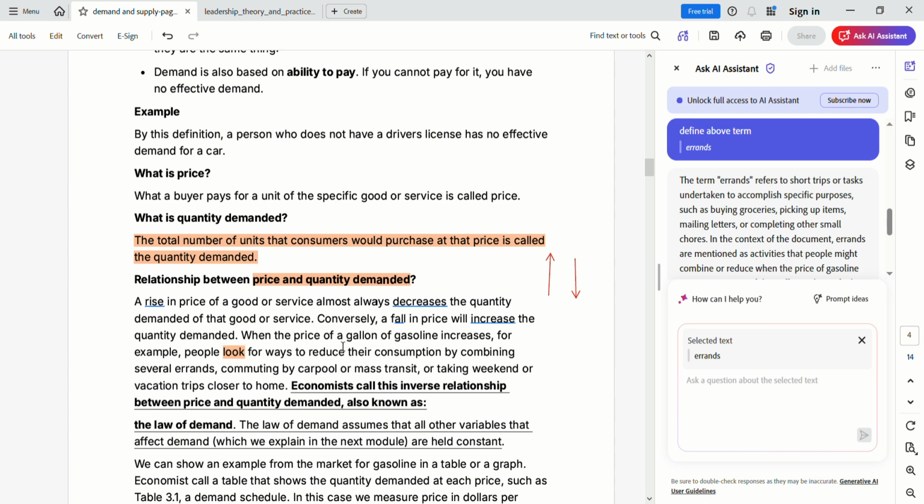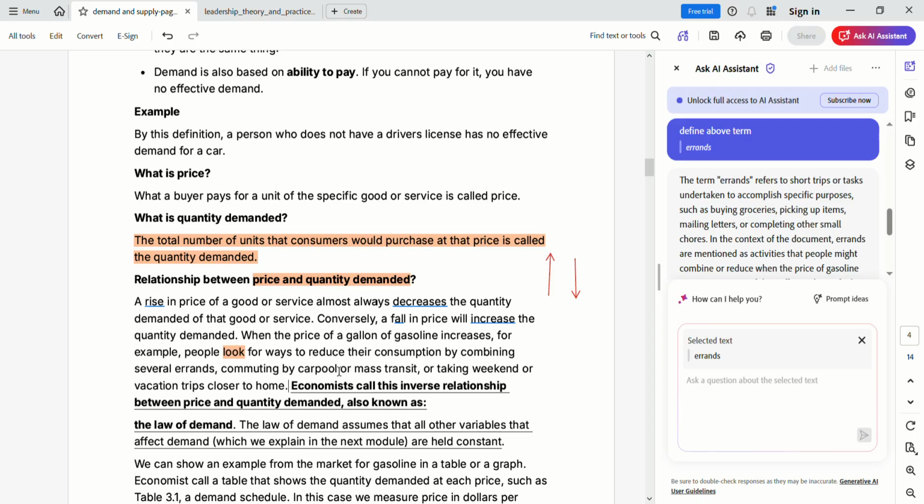Based on this background, economists call this relationship between price and quantity an inverse relationship. This is also known as the law of demand. Again, there are only two variables here: one is price and the second is quantity demanded. There are other variables that can directly or indirectly impact the relationship between price and quantity.